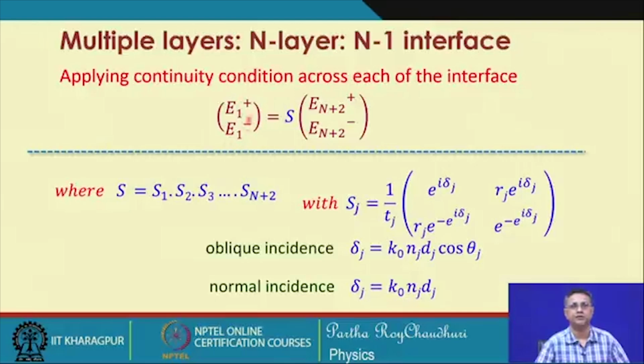The electric field in the first layer will be connected to any n plus 2th layer, where this S is a compact matrix representing the product of S 1, S 2, S 3, up to S n plus 1. For any general layer, S j equals 1 by T j times the corresponding matrix, which we have seen, and we can write the corresponding coefficient.